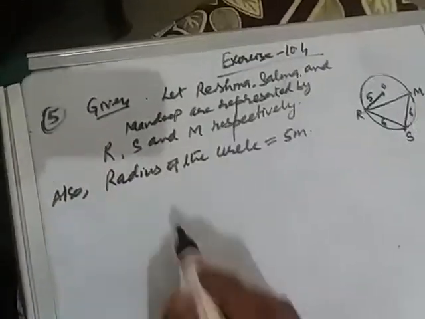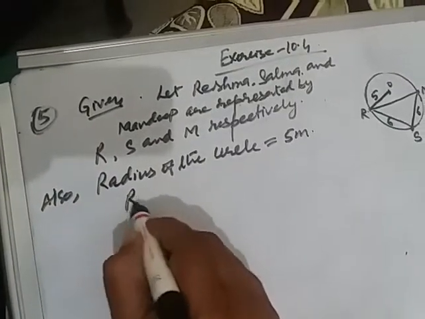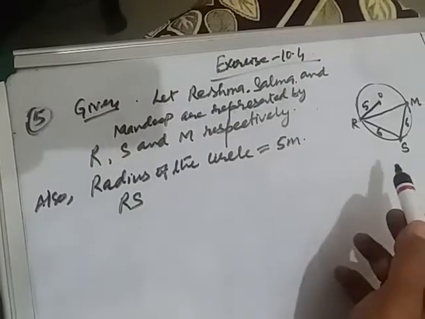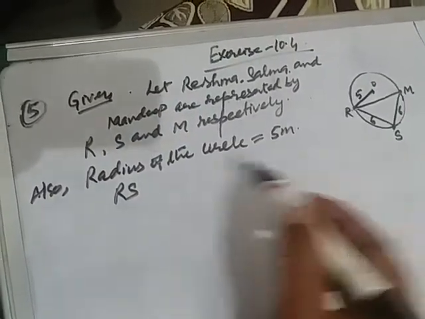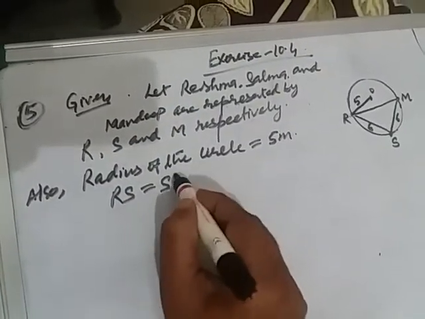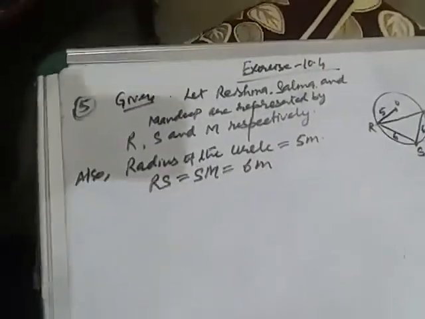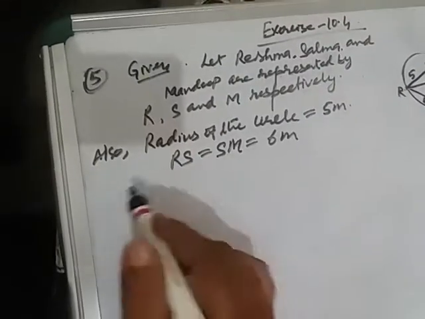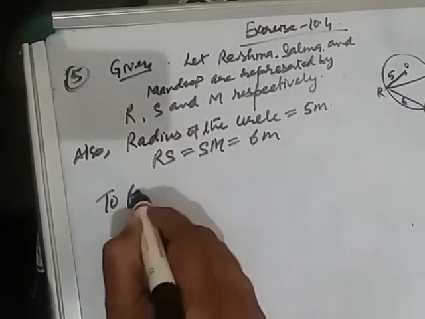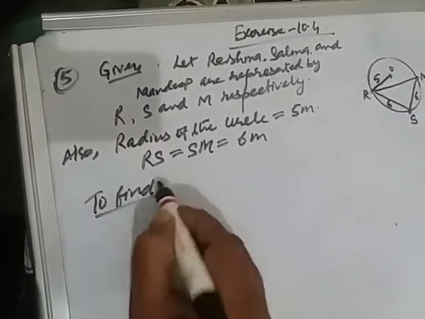What else is given? RS means distance between Reshma and Salma. RS equal to SM equal to 6 meter. This much is given in the question. Now what we have to find?